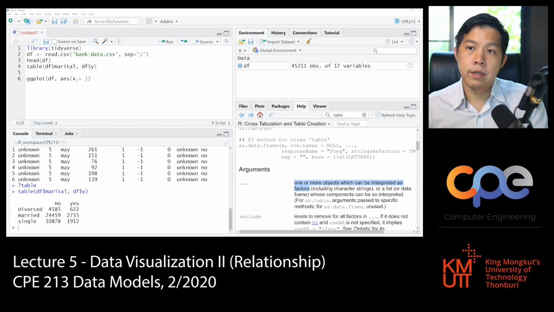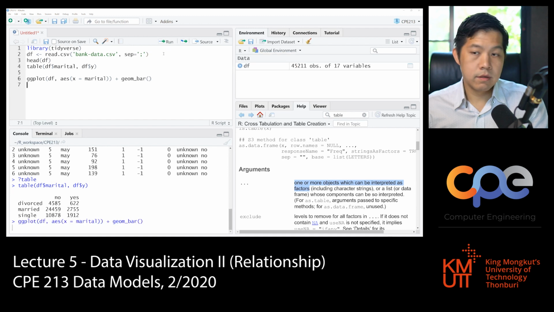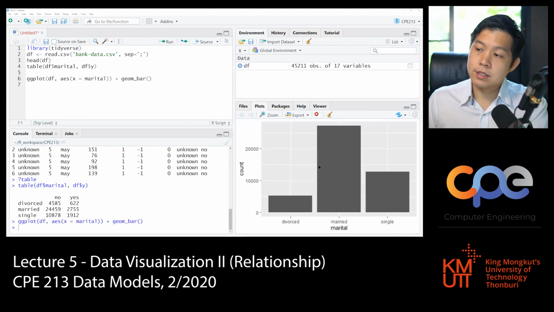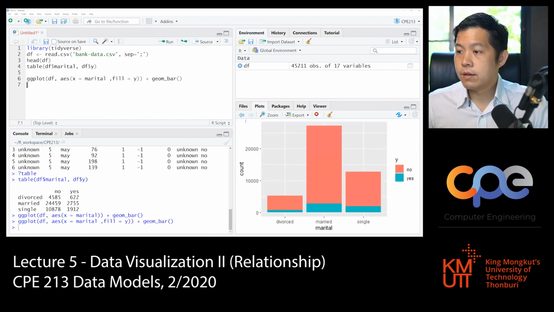So x should be marital, and then plus geom_bar. Without fill equal y, we got this graph. And once we assign fill to y, then we have the stacked bar chart.